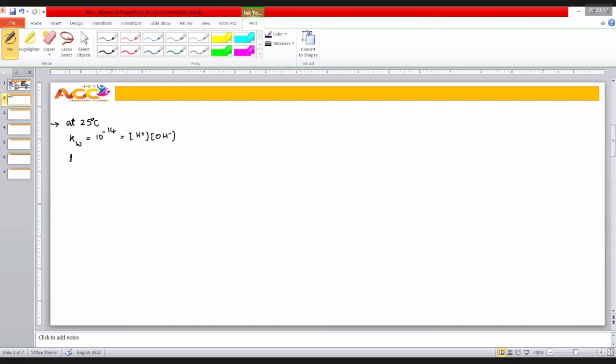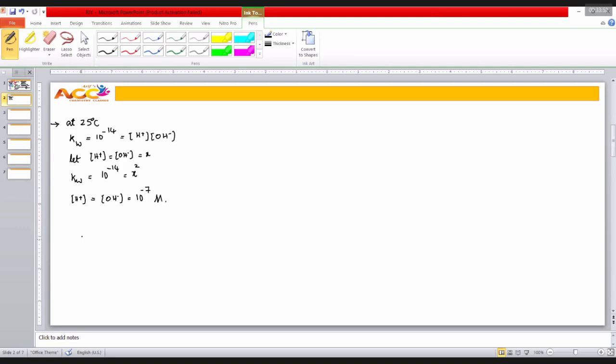Okay, let the H+ ion concentration be X. If it is X, naturally the concentration of OH- ion must also be X. Therefore, Kw is equal to 10 power minus 14, which is X square. Therefore, the concentration of H+ ion or OH- ion is equal to the root of 10 power minus 14, that is 10 power minus 7 moles per liter.